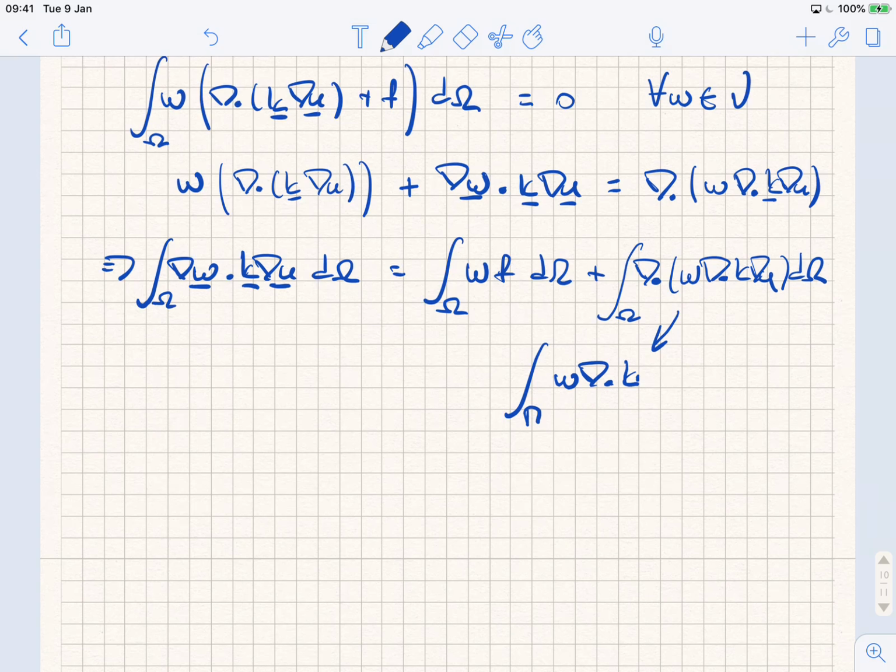This guy, basically dotted with the normal vector to that domain. Let me see if I have it right.